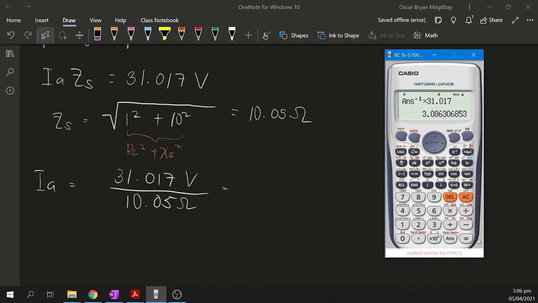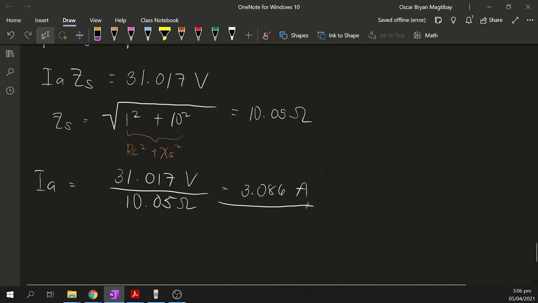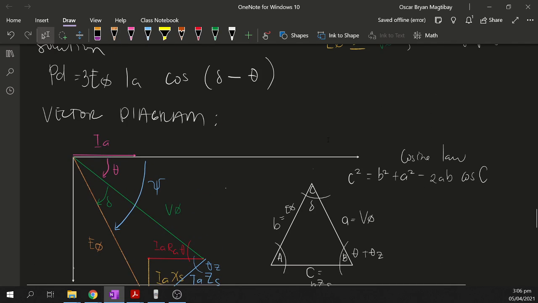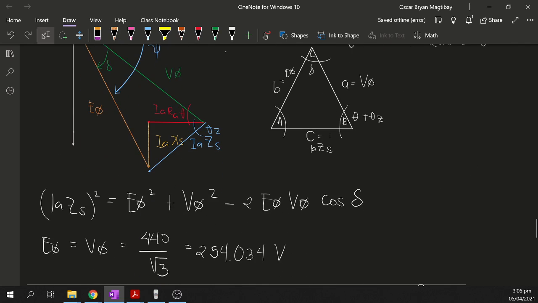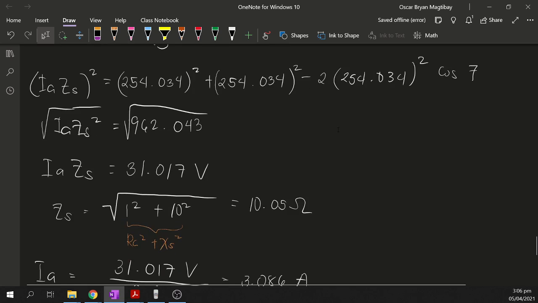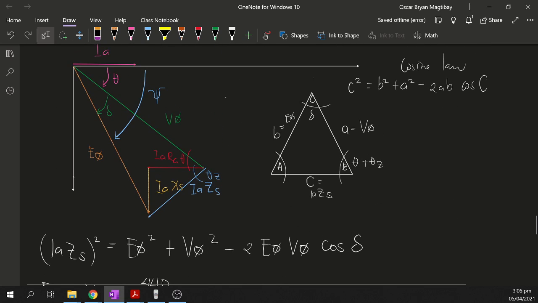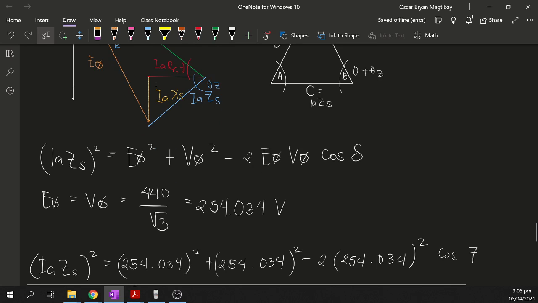So, your armature current is 3.086 amperes. So, may IA na tayo. We have IA, ZS, we have IA.